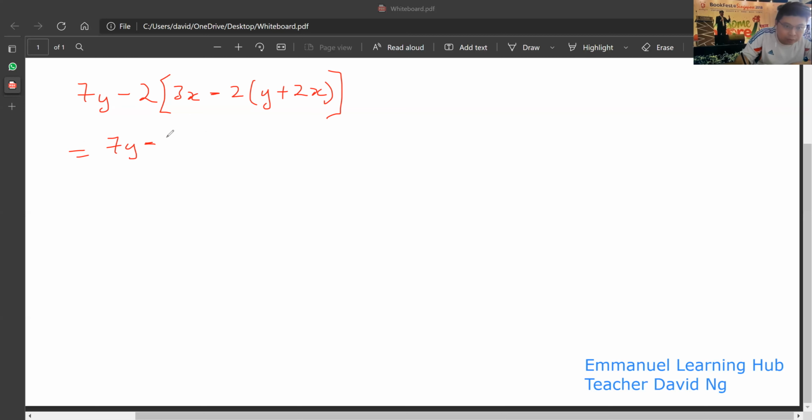I'll expand this one first. Minus 2y minus 4x. Negative y. No, 7y minus 6x. Okay, same thing. I'm not going to expand. I'll simplify the bracket first.